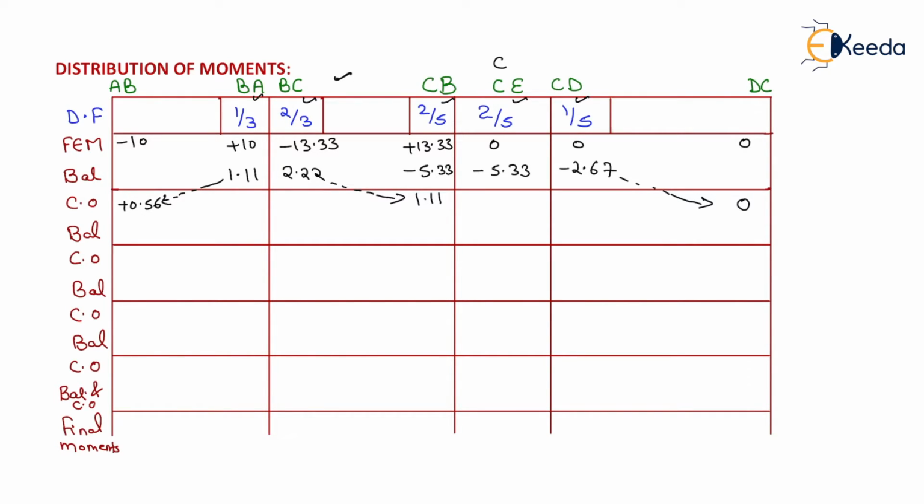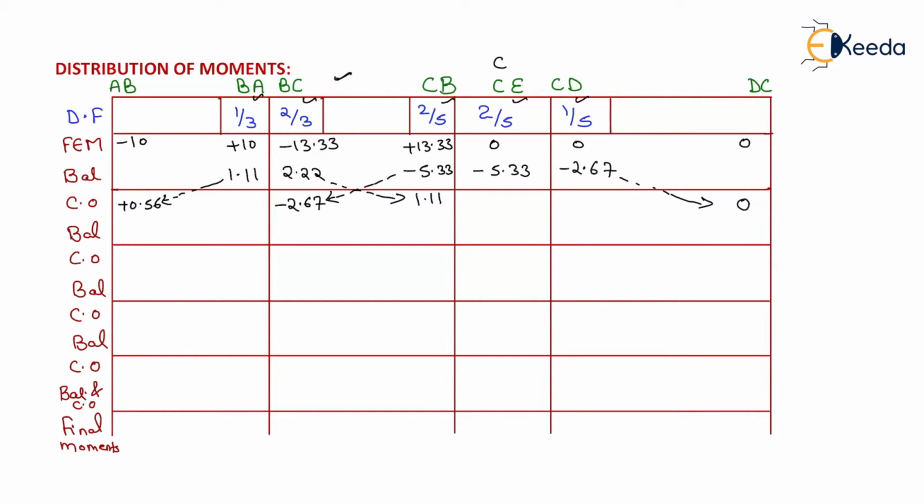Now again we need to transfer the carryover of CB to BC, which will be half of the applied moment, so it will be equal to minus 5.33 divided by 2, which is minus 2.67. So we had distributed the moment in BA, BC, CB, CE and CD and given the carryover to the far ends.